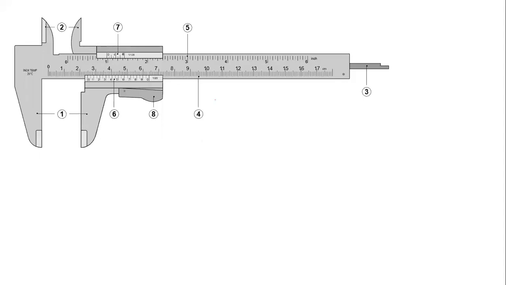You can see this instrument, which is called a vernier caliper. Now there are certain numbers given, so first we will define what all things are stated on a vernier caliper.